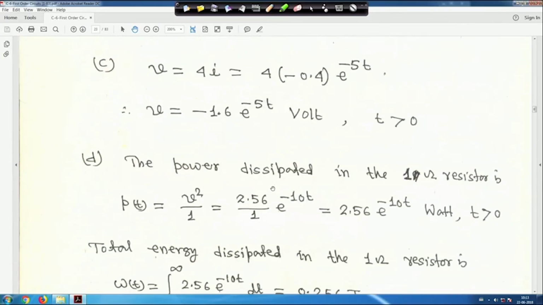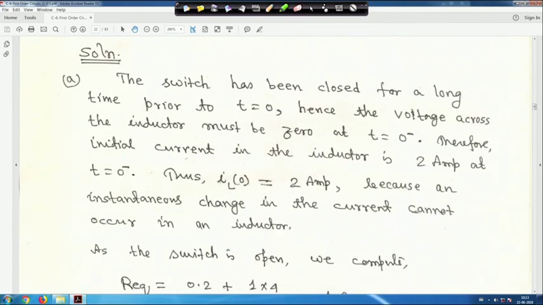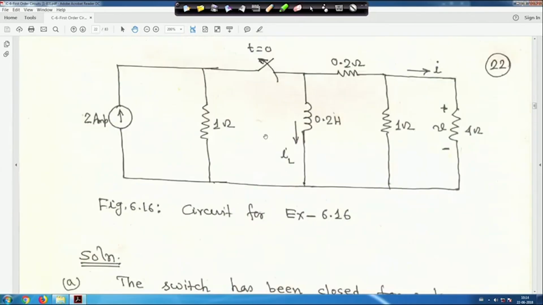So this is a typical example for a circuit, and there is nothing to be worried about just looking at the circuit. As the switch is initially closed, you find out the initial condition, then the switch is opened, and accordingly you solve, right. Just looking at the plus sign or minus sign, please look into the direction of the current.